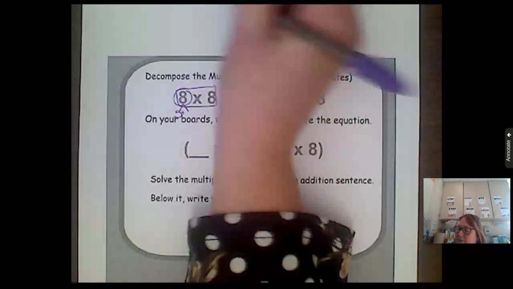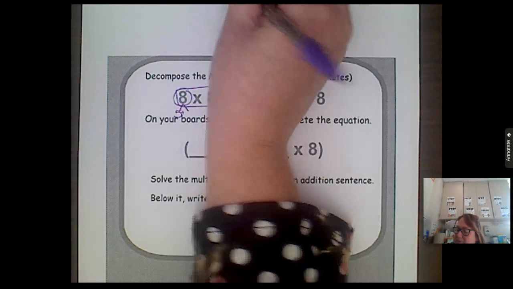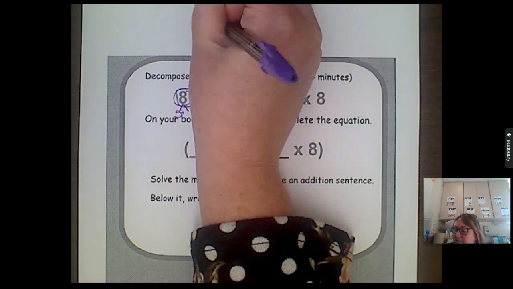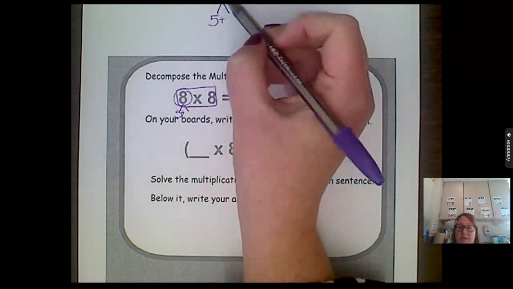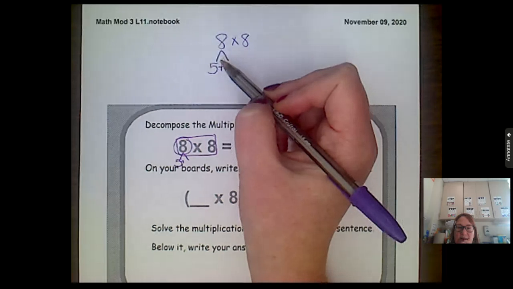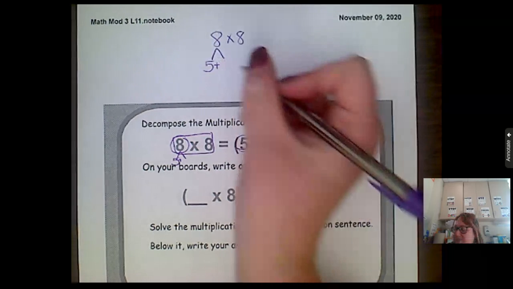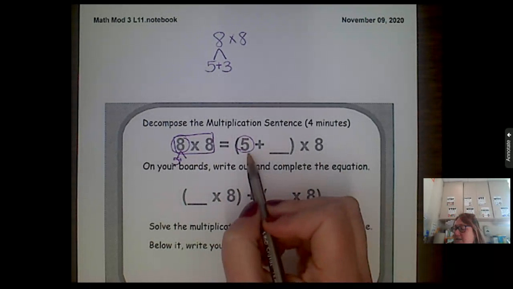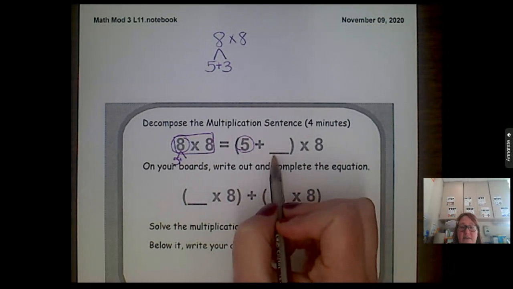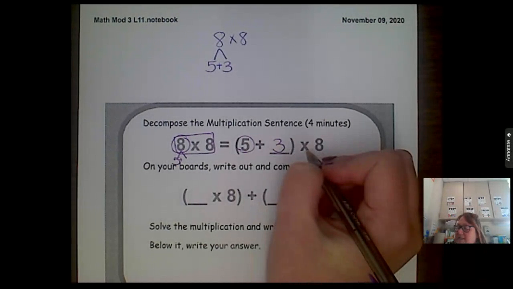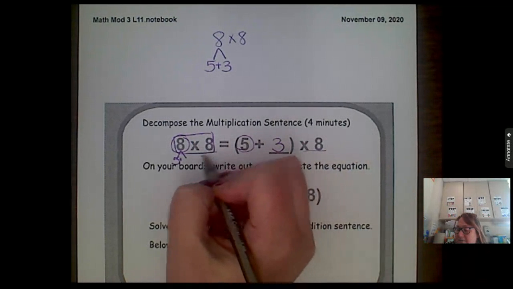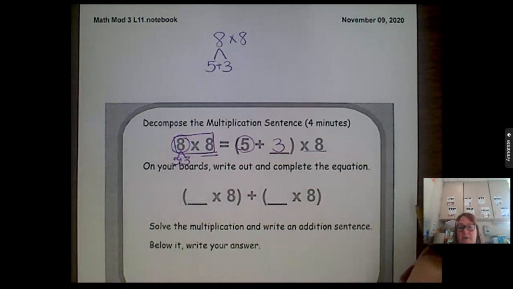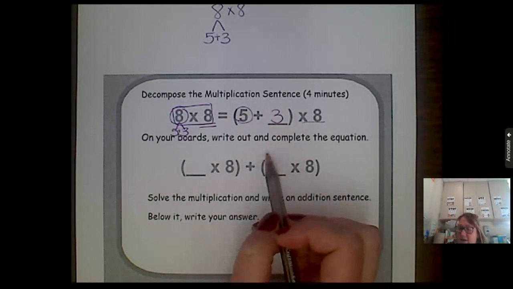So if I rewrite that up there, 8 times 8, and they told me it was that 5 there. So this side is going to be a 5. So 5 plus what? I'm not even showing it because it's too high. 5 plus what equals 8? 5 plus 3 equals 8. Okay? So then if I look here, 5 plus 3 times 8, because there's that other times 8 right there. Then we're going to write out that complete equation.